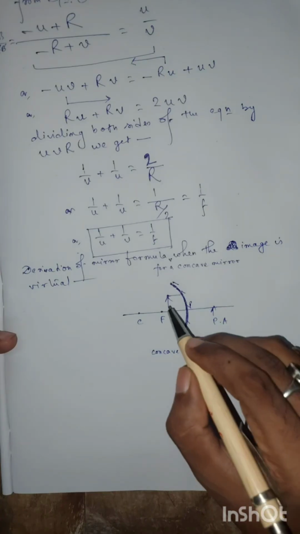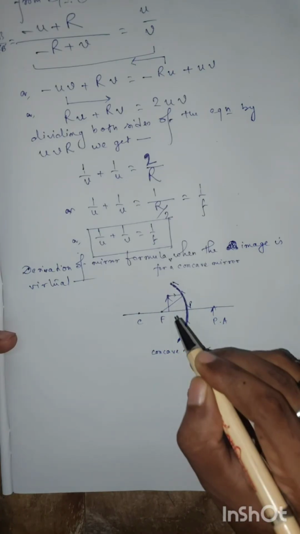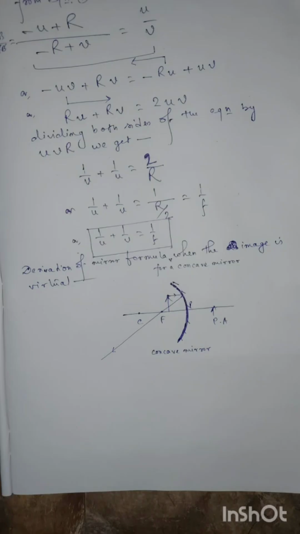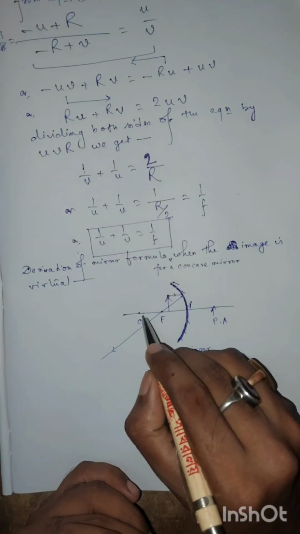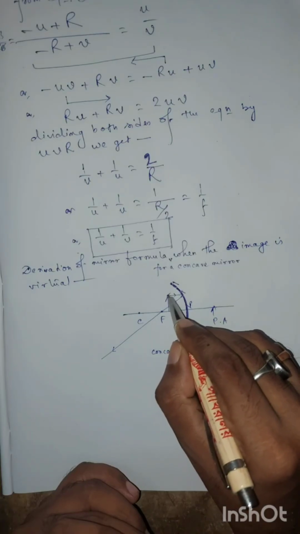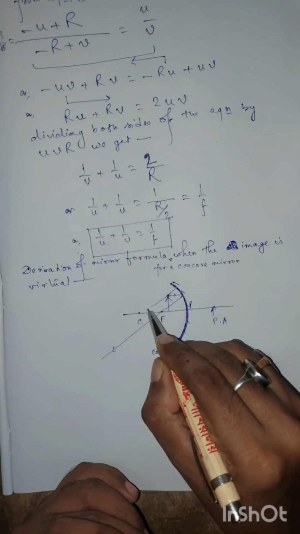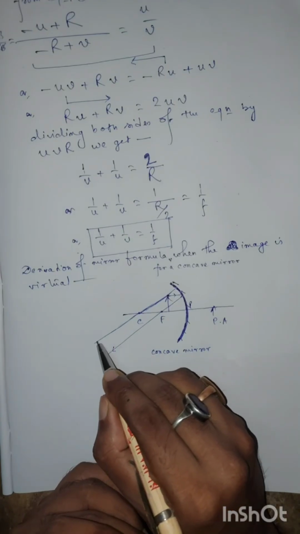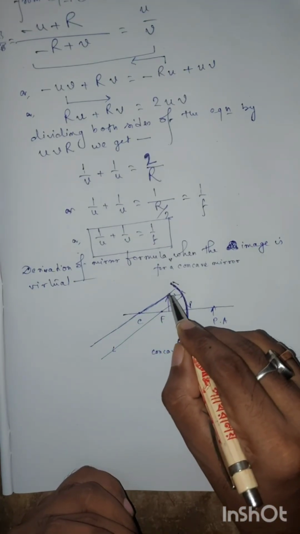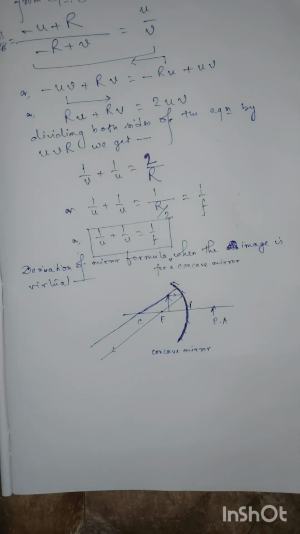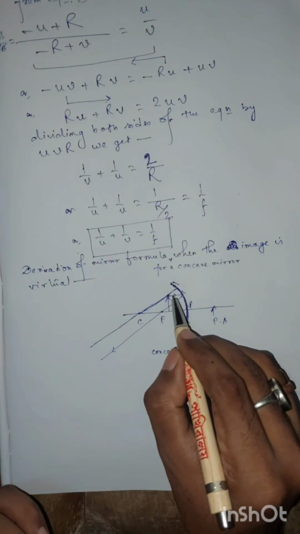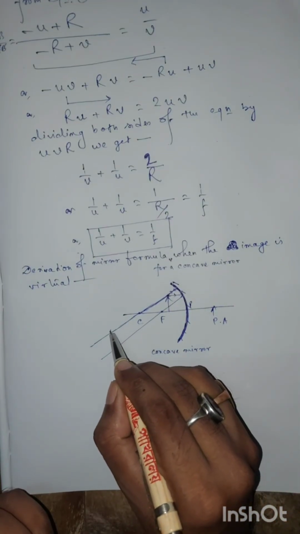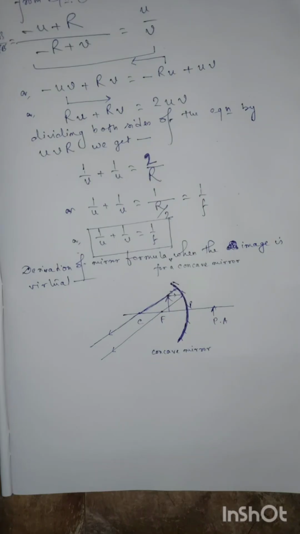First ray, which is parallel to the PA, after striking the mirror it passes through the focus, and the second ray, which is directed towards the center of curvature, after striking the mirror, strikes the mirror and follows the same path but in backwards direction. These two rays are not parallel, so they will never meet.